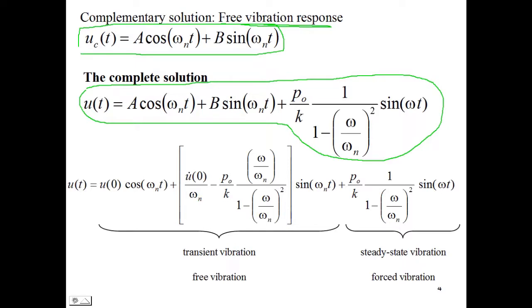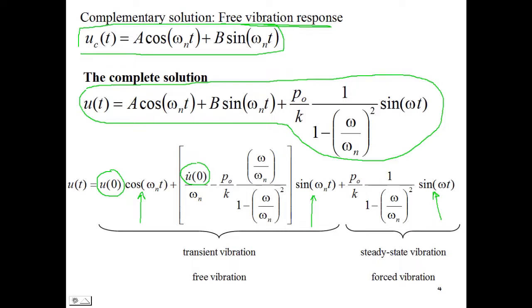The complete solution can be expressed in terms of initial conditions, in other words, in terms of displacement at time 0 and velocity at time 0. The sine omega n t and cosine omega n t terms give an oscillation at the natural frequency of the system, while the sine omega t term gives an oscillation at the forcing or exciting frequency.